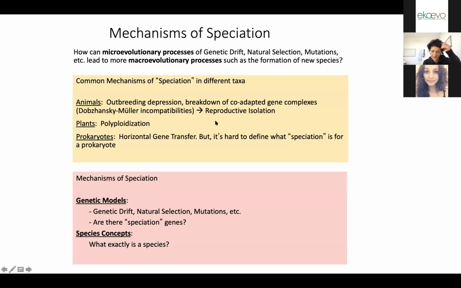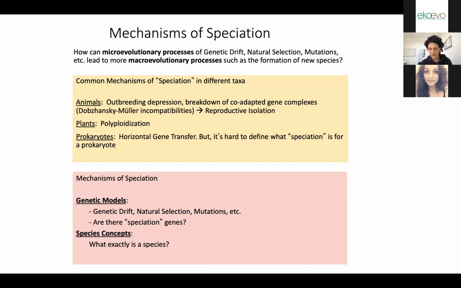So here, I'm going to summarize the speciation mechanisms. Each organism, or each taxon, I can say, has a different speciation mechanism. For animals, outbreeding depression, the breakdown of co-adapted gene complexes, is called Dobzhansky-Muller incompatibilities. It results in reproductive isolation, and this can create new species.